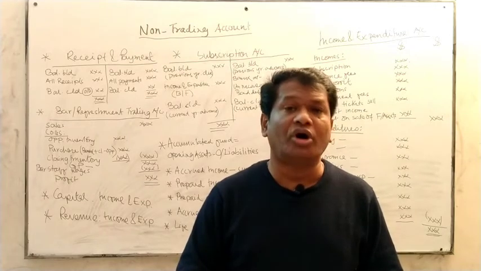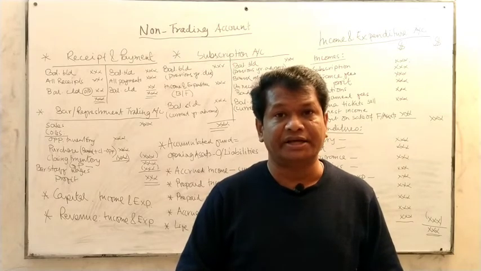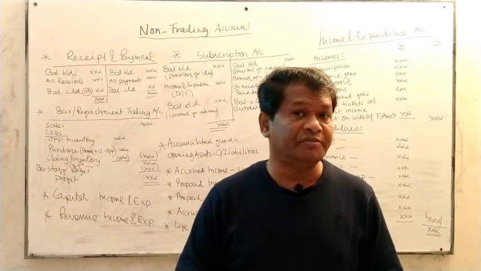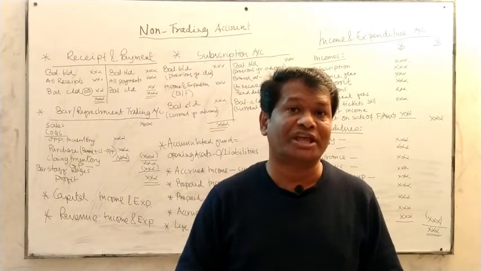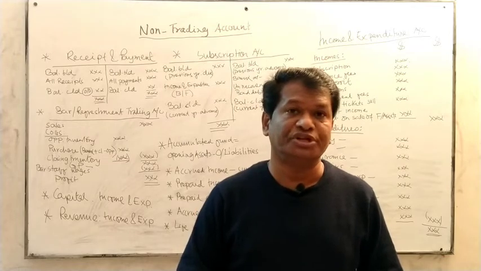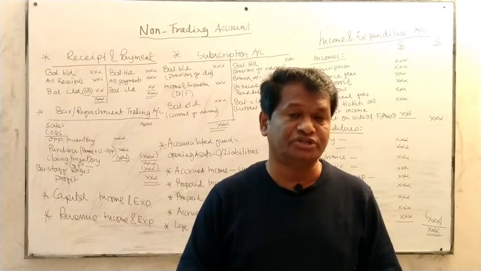That outstanding figure is to be written. Maybe some other items, like expenses paid in advance, also are to be written over here. And the cash or cash at bank figure is also written in the current assets. So non-current assets plus current assets, the total figure is to be added up.